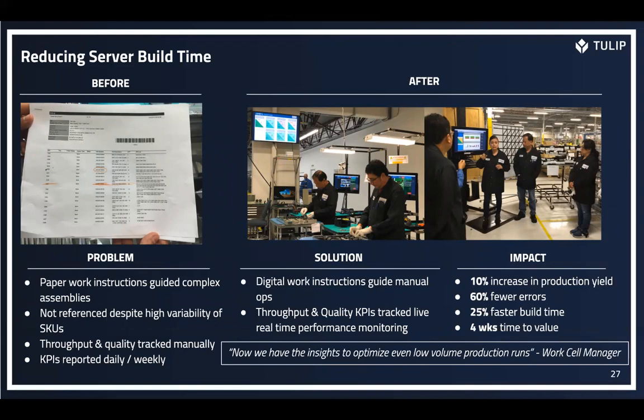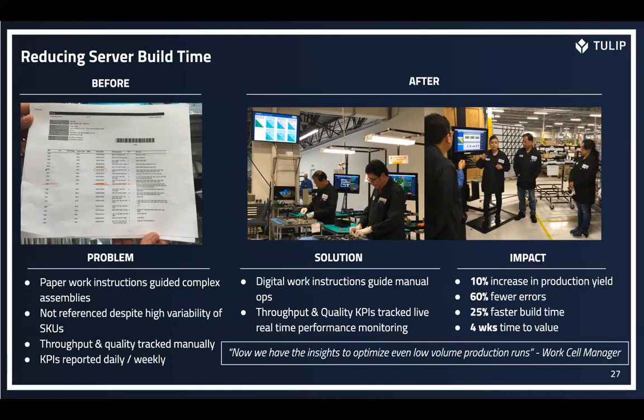In using these work instructions, throughput and quality were tracked automatically. They were displayed live on a dashboard in the factory so that everybody involved could see. And the impact of using these work instructions was immediate. They quickly saw a 10% increase in production yield, 60% fewer assembly errors, and 5% faster build time.